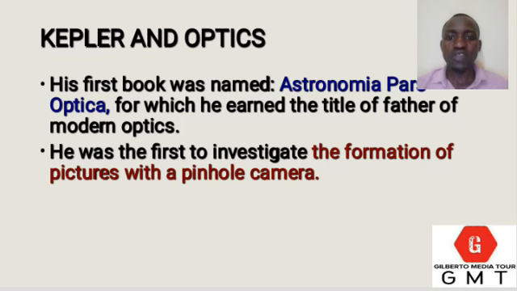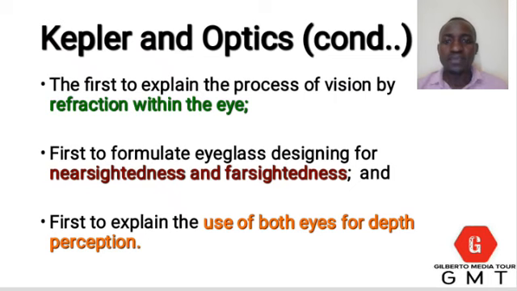He was the first to investigate the formation of a picture with a pinhole camera. The first to explain the process of vision by refraction within the eye. You know that our eye is also considered an optical instrument. It contains a lens inside. He was the first to formulate eyeglass designs for nearsightedness and farsightedness, which are defects of our eye.